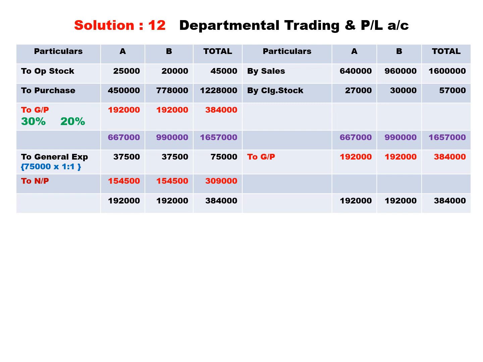On the debit side we have opening stock, 25,000 and 20,000 for A and B, with a total of 45,000, then purchases of A and B, and then we get gross profit. A gets a gross profit of 1,92,000. B also gets a profit of 1,92,000, with a total gross profit of 3,84,000.